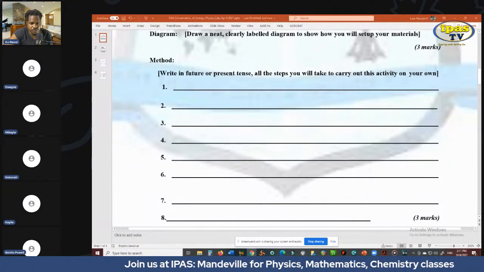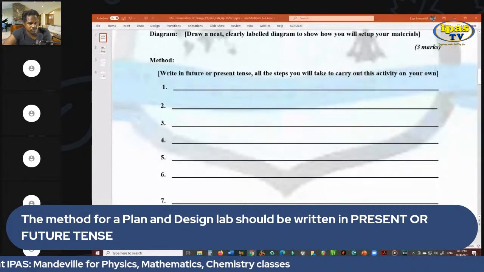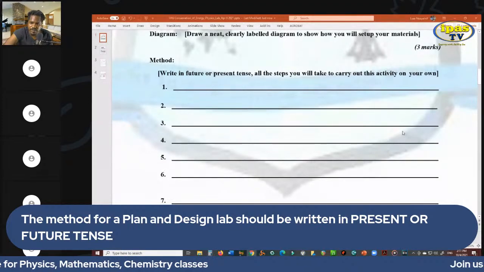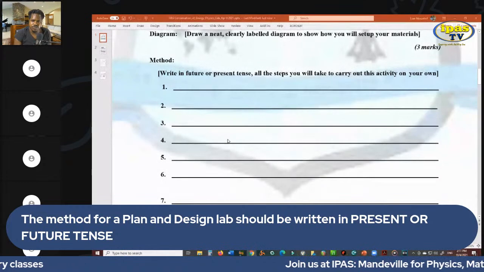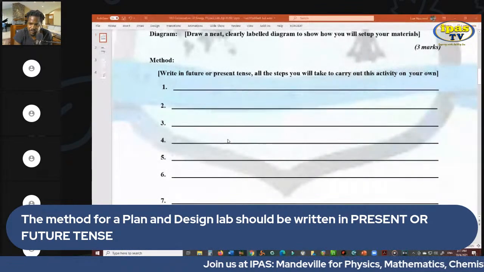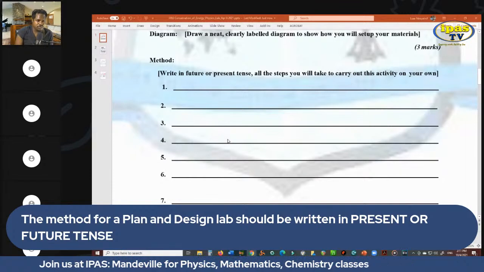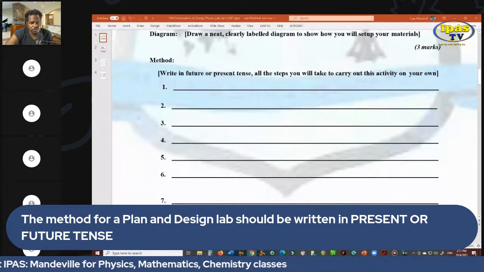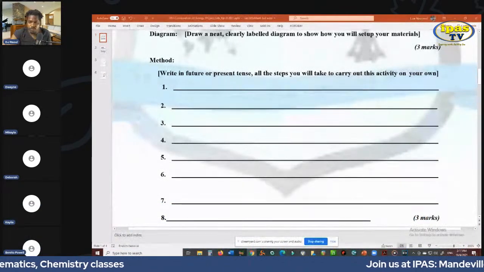So the method for a plan and design lab should be in future or past tense, right? All the steps you take or you plan to take to carry out this lab. So bear that in mind.